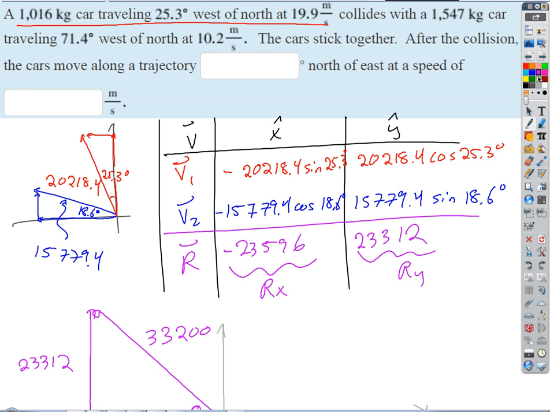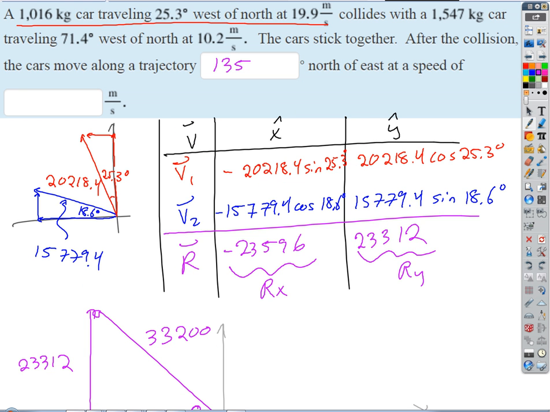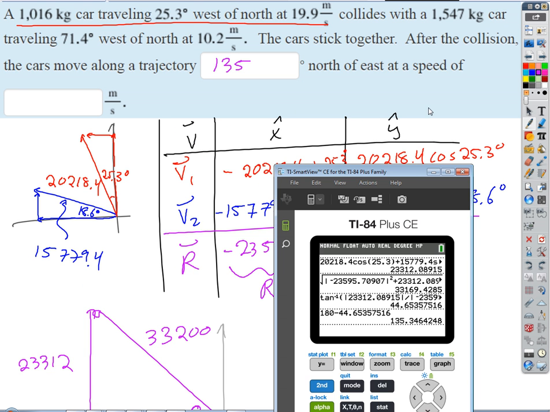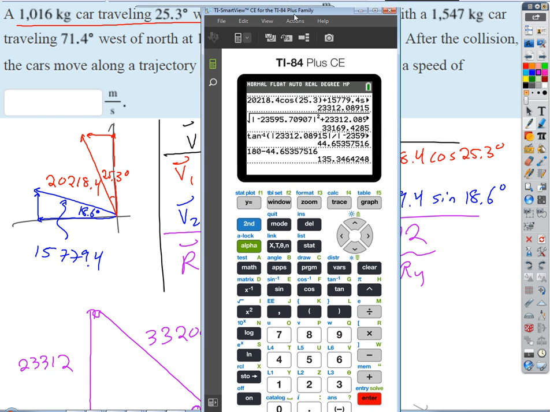So what do we get here? Now we haven't really finished though, have we? We found the momentum, but we didn't really divide the momentum by the combined mass, did we? Right? Remember, so we got one more small step to do here.